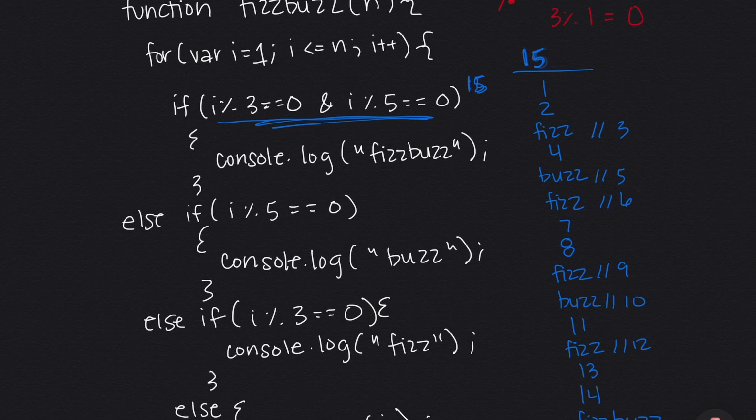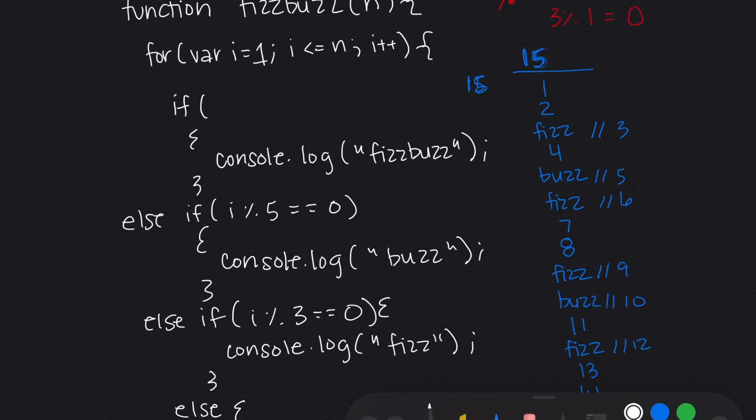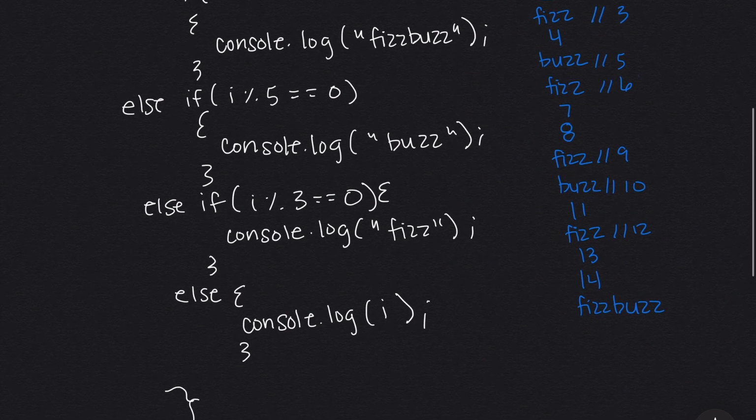So this could be replaced with i mod 15 equals 0, and that gets rid of some logic that we have to do, and so that is an upgrade that I would make.